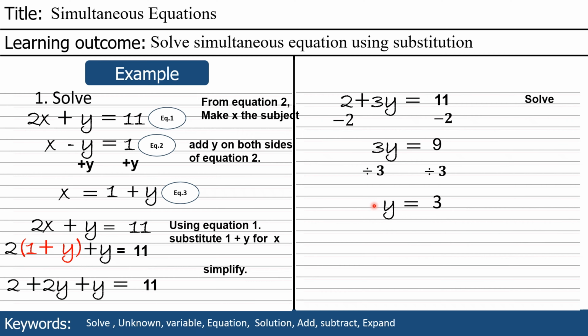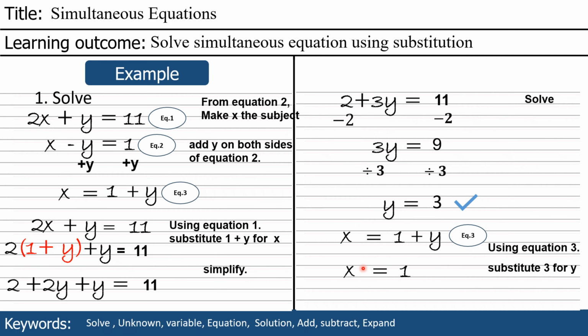Now we're going to replace y with 3 in equation 3. So let's write equation 3, and we're going to replace our y with 3. So using equation 3, we substitute 3 for y. So here we have x equals 1, and remember that you should replace your y with 3.